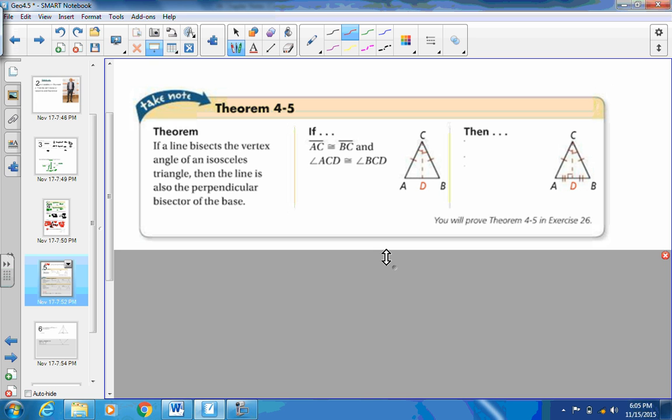It says if a line bisects the vertex angle of an isosceles triangle, then the line is also the perpendicular bisector of the base.